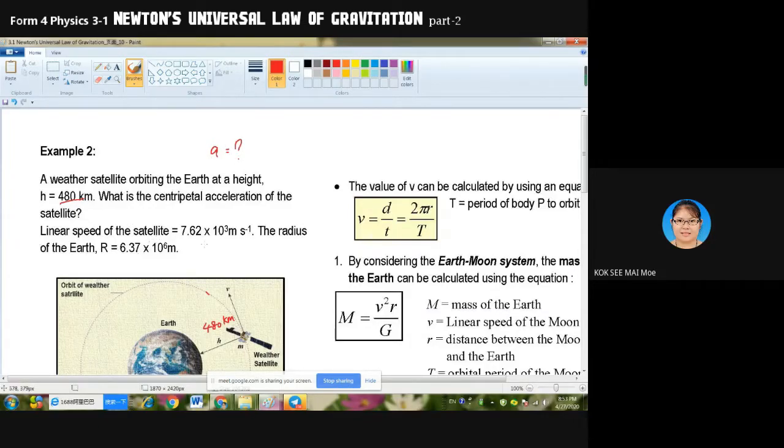They give you the linear speed of the satellite, v, and the radius also. So now you need to find a. Can do or not? I think no problem.